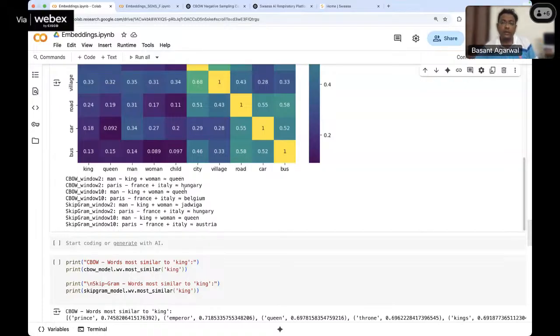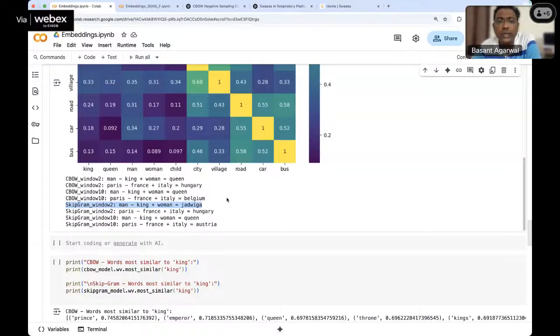Similarly, all the analogies are plotted, and we can observe that for the first analogy, almost all the models could give good results, except this skip gram model, which is giving some random value. And for the Paris, France, and Italy analogy, mostly everyone is not giving good results for this dataset.